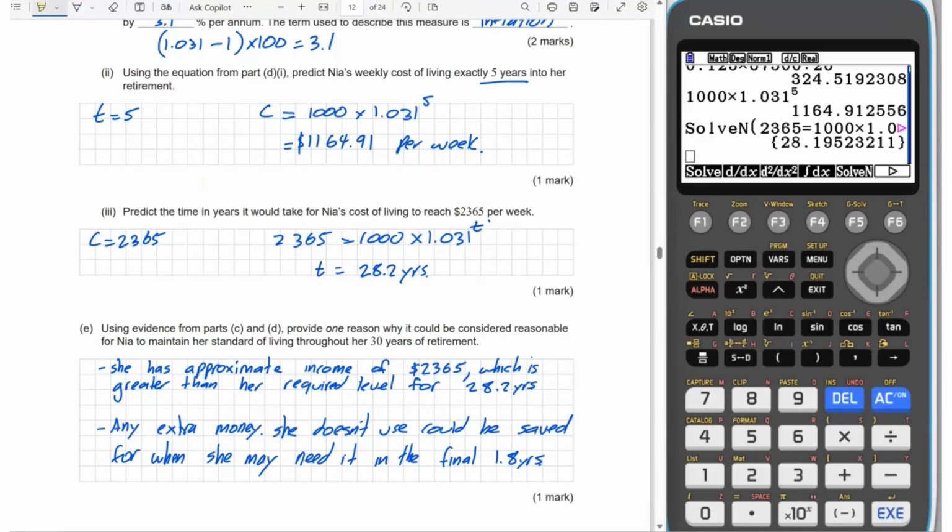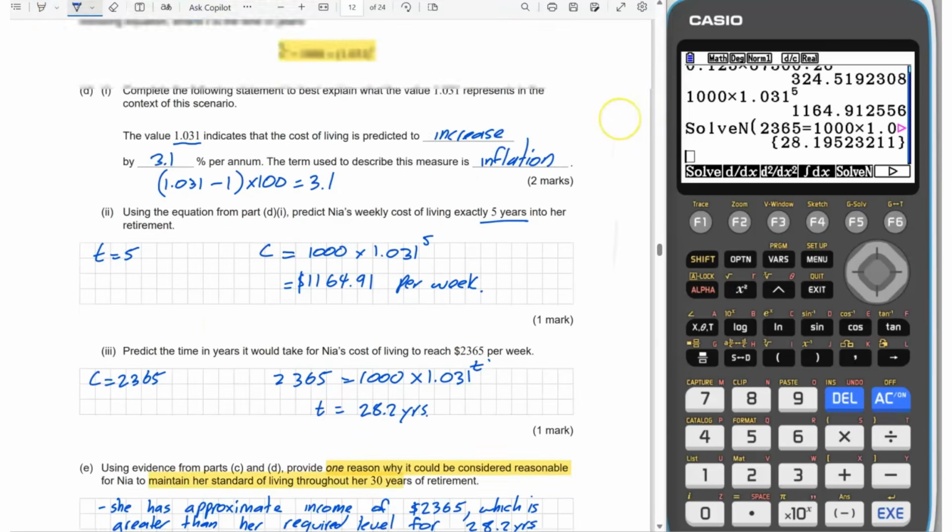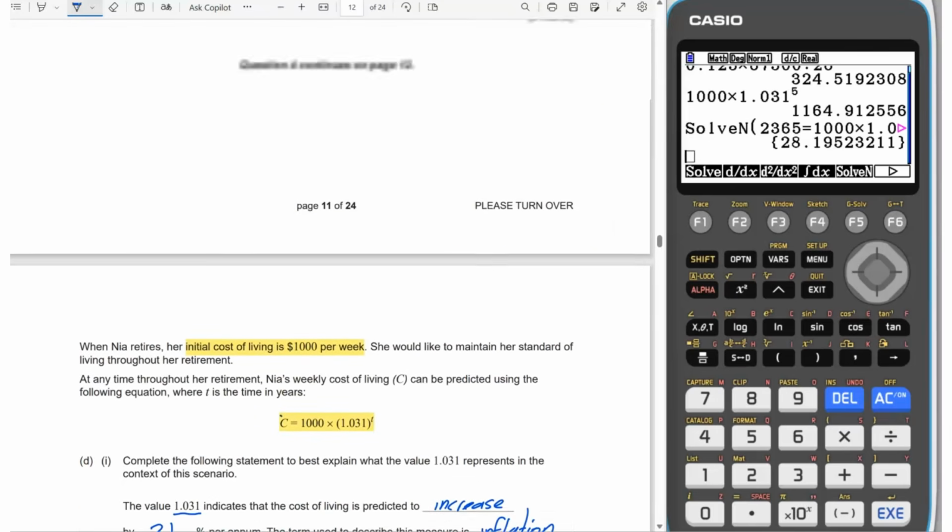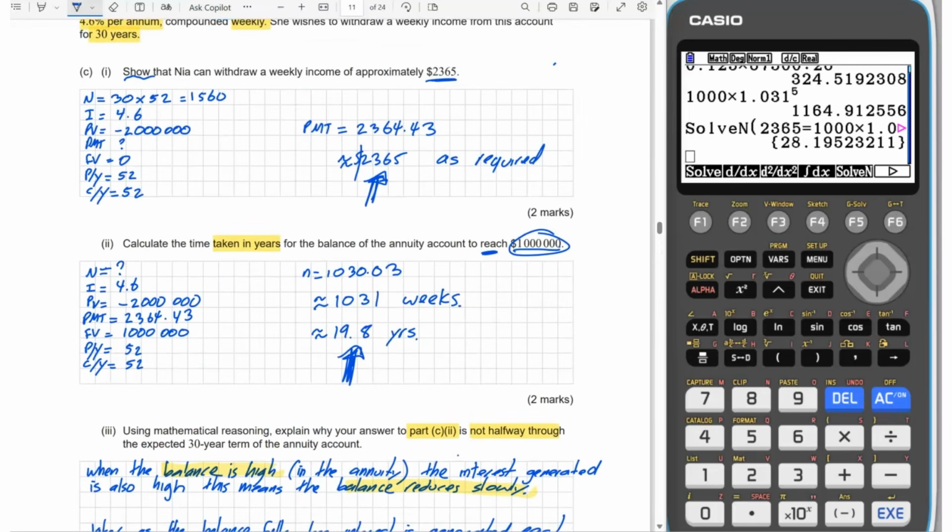Okay, this next question is saying, provide one reason why it's considered reasonable for Nia to maintain her standard of living throughout the 30 years. Now, we've got to come back up a little bit for this one. A couple of pages back, what Nia's doing is she's withdrawing $2,365 per week right from the start of her pension.